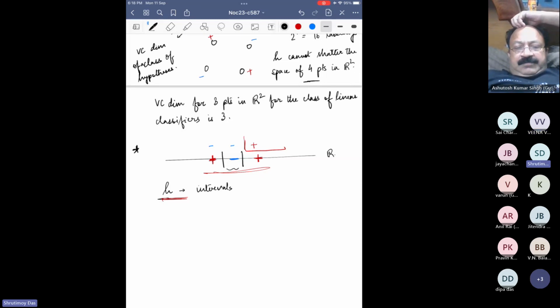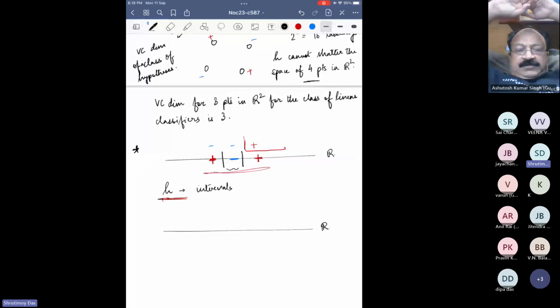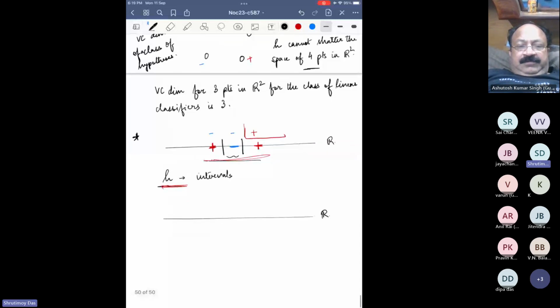Suppose this is our real line. If it cannot shatter 3, obviously it cannot shatter 4. So let us look at whether it can shatter 2. If we are talking about 2 points, you can have plus plus, plus minus, minus plus, and minus minus.